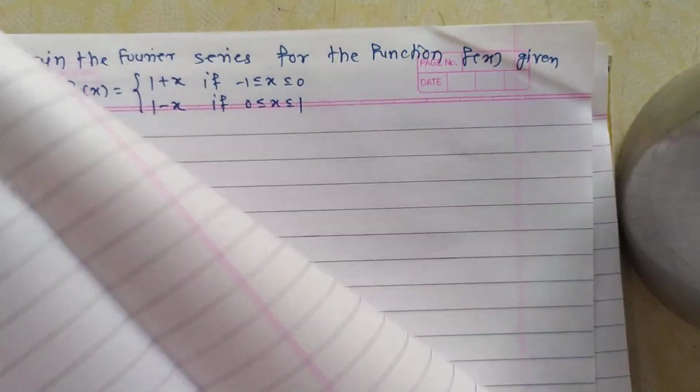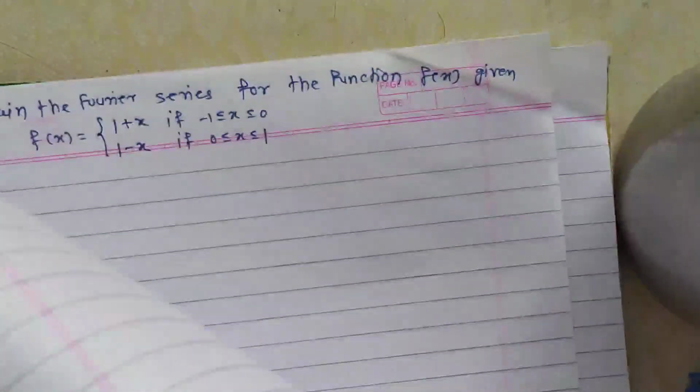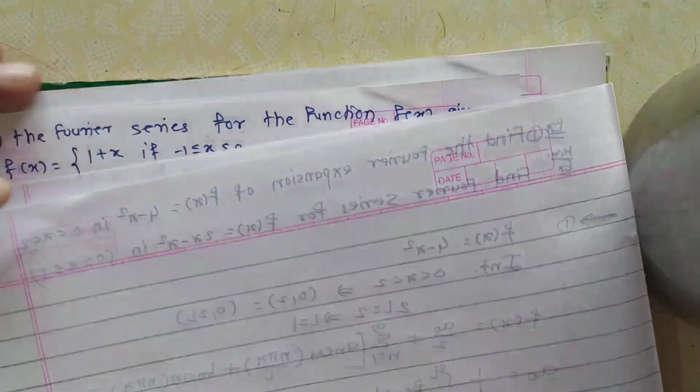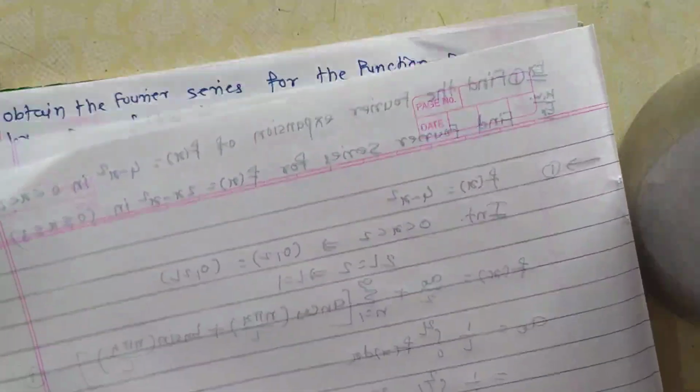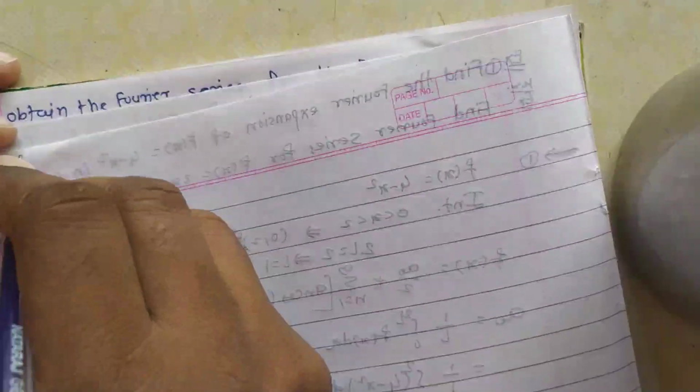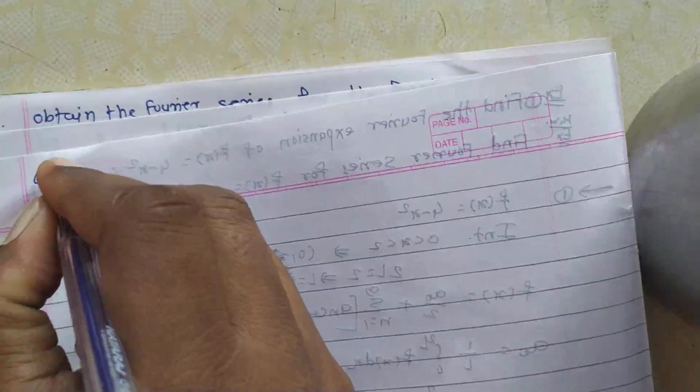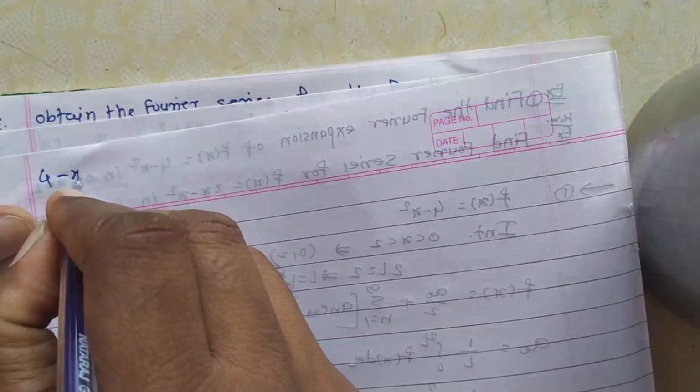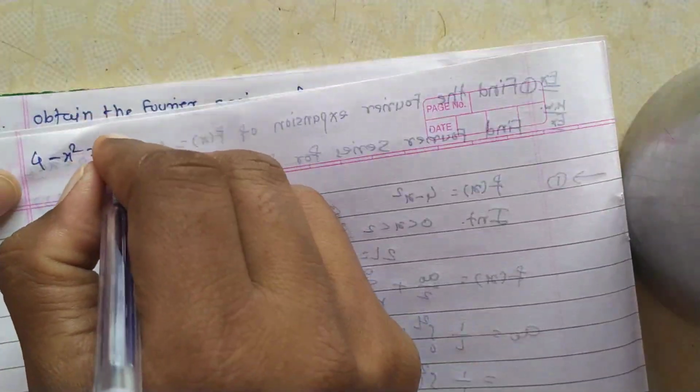f of x in the interval 0 less than x less than 2 can be written as f of x is 4 minus x square. So 4 minus x square is equal to a0 by 2. Now what is the value of a0? a0 is 16 by 3.